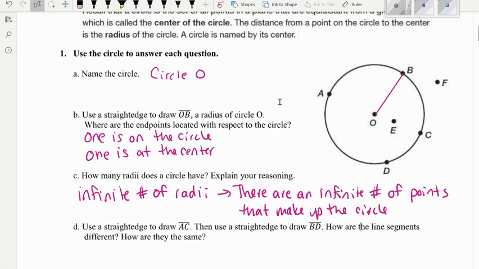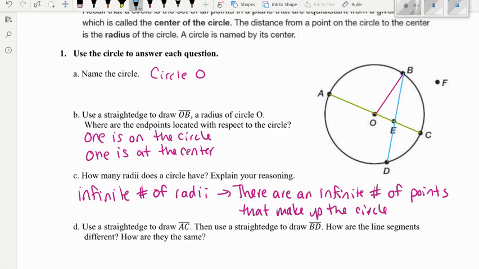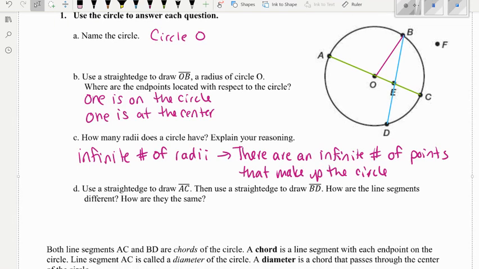And then for D, it says use a straight edge to draw AC, then use a straight edge to draw BD. How are the line segments different? How are they the same? So let's go ahead and look at how they are different first.